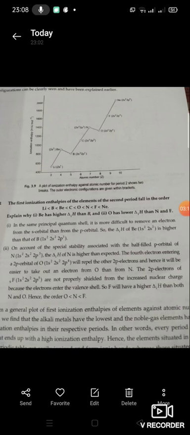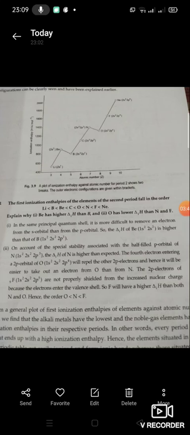Next one, oxygen has lower ΔiH than nitrogen and fluorine. Why does it so? On account of the special stability associated with the half-filled p orbital of nitrogen, 1s2 2s2 2p3, the ΔiH of nitrogen is higher than expected.